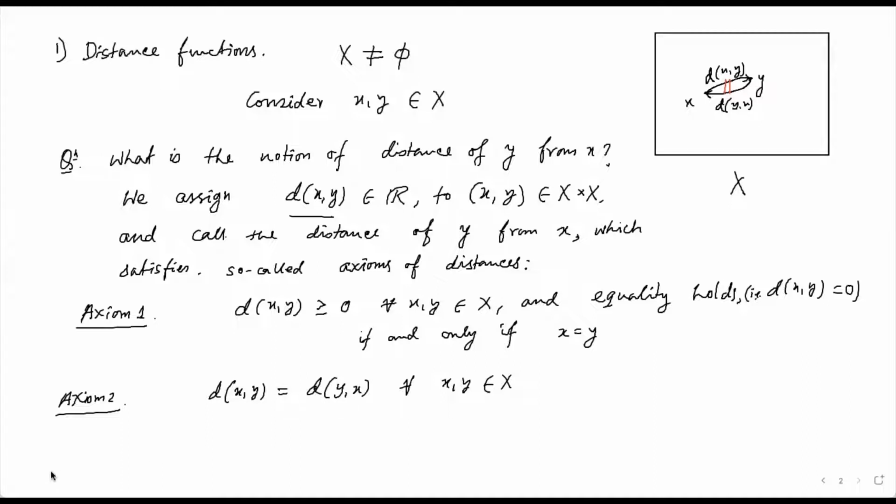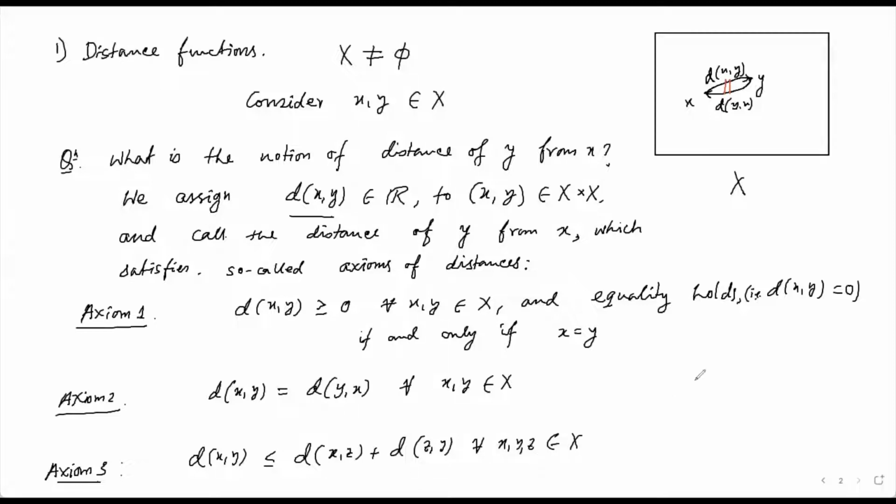And axiom 3 says that d(x, y) is less than or equal to d(x, z) plus d(z, y) for all x, y, z belongs to X.